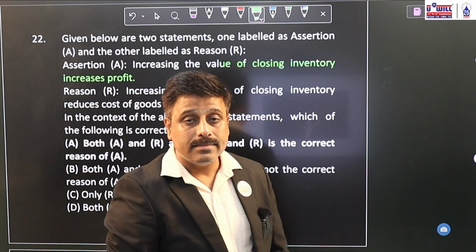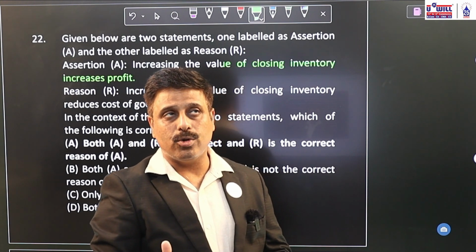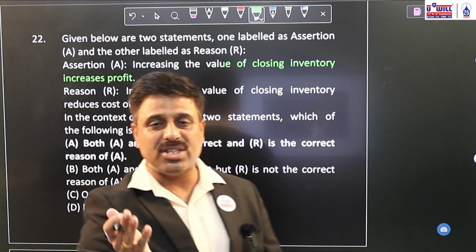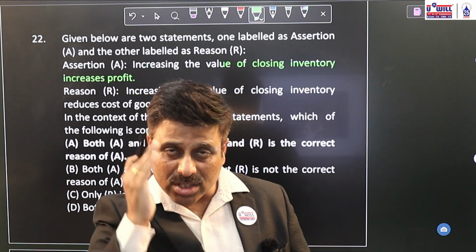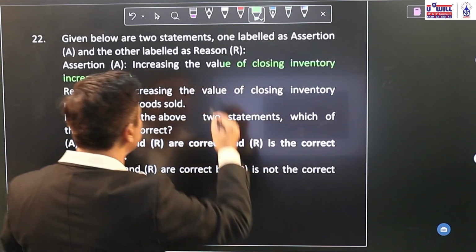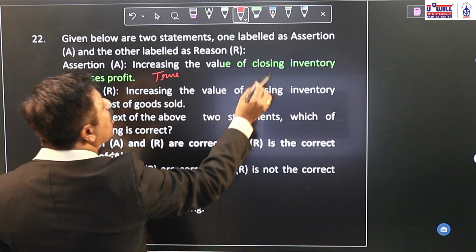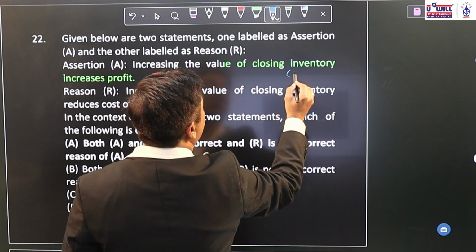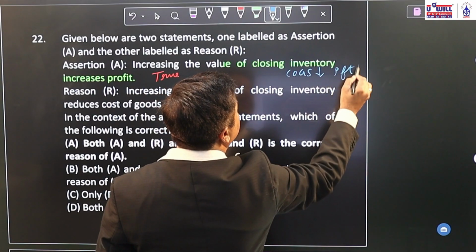Yes, because closing inventory will increase, and cost of goods sold is equal to opening stock plus purchase minus closing stock. So cost of goods sold will decrease, cost will decrease, profit will increase. Yes, it's true. Okay. Why? Because cost will decrease, so profit will increase.